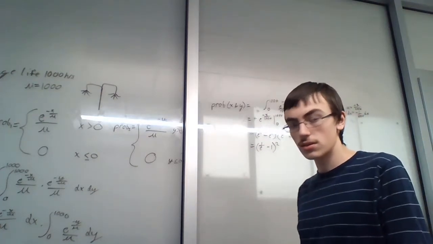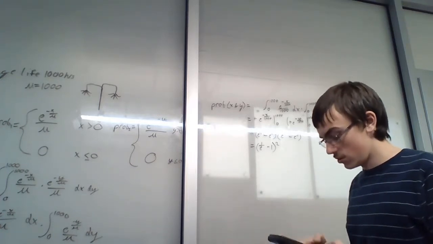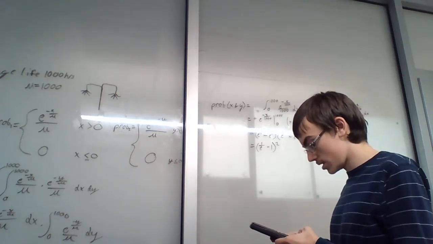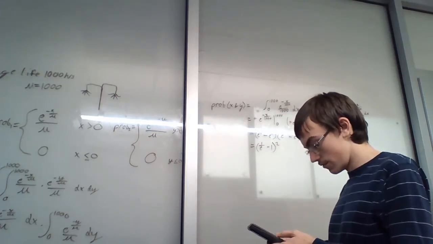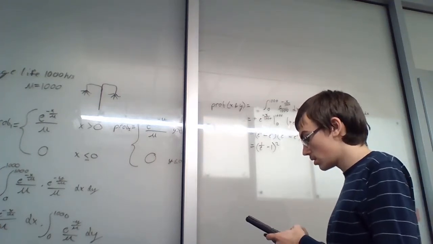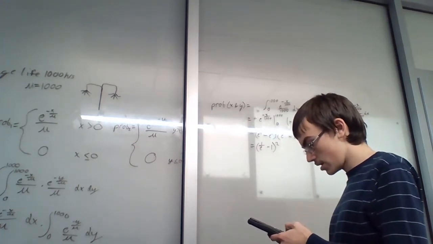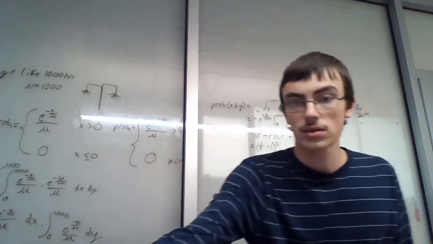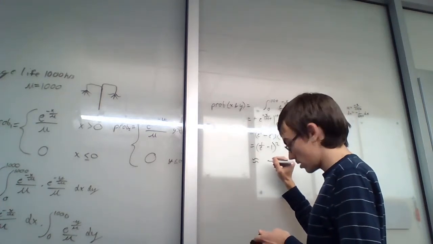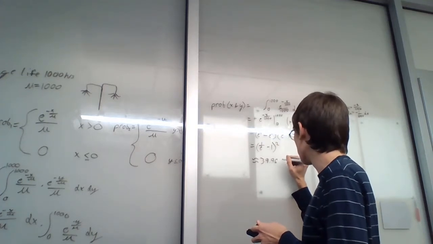Now, because this is a probability, this doesn't tell us much, so we really want to know what that is in decimal form. So we're going to take the calculator, 1 over e minus 1, and square it. And this comes out to approximately 39.96%.